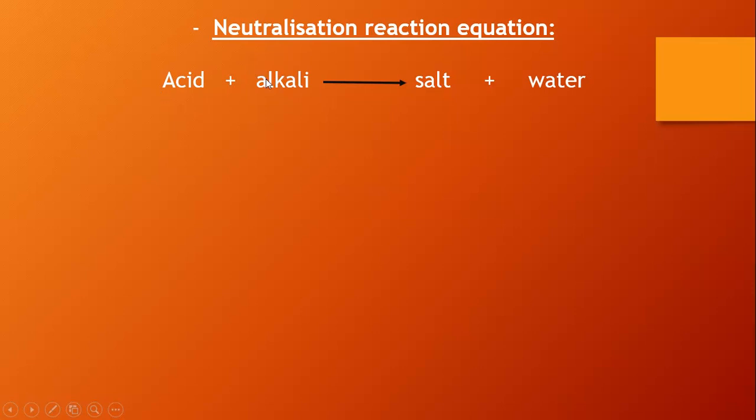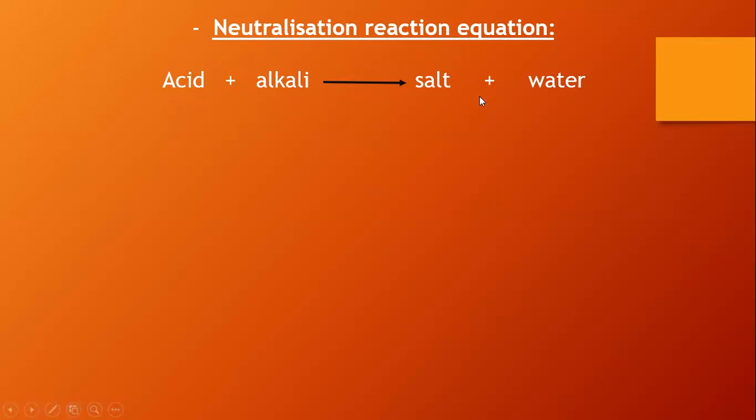Now, when I add acid and alkali to each other, what will they produce? This is what we write after the arrow, and this is why we call all the products after the arrow products, okay? So before the arrow, all the chemicals are reactants.